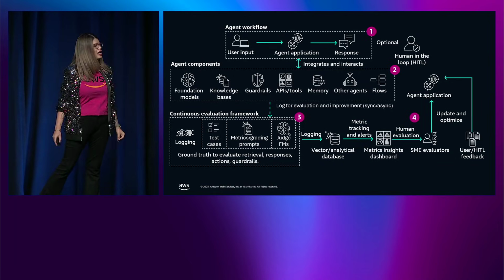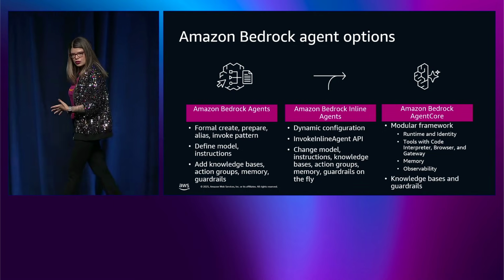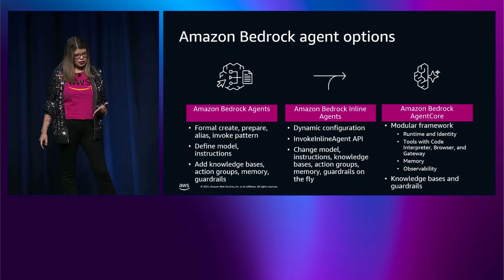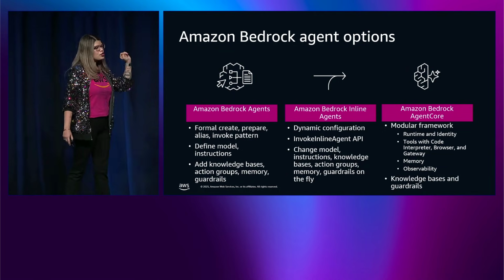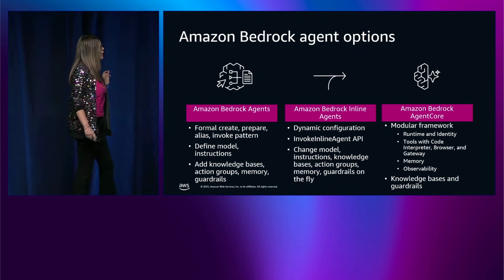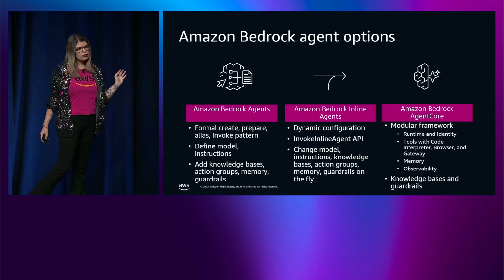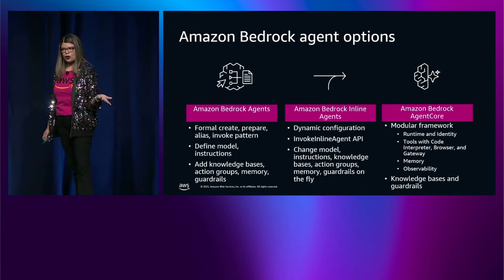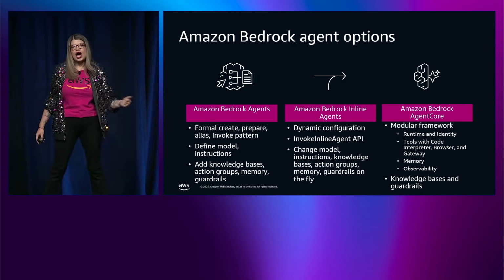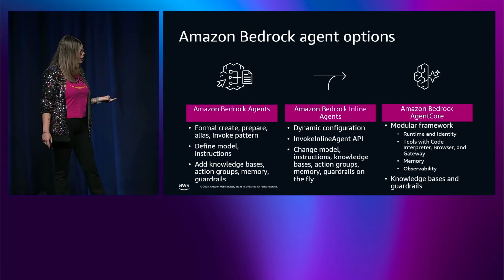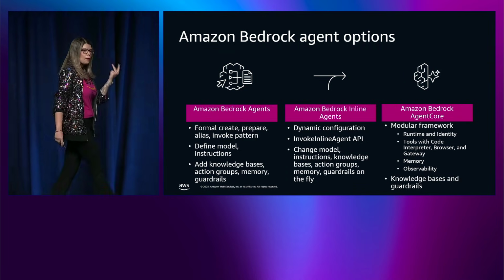So let's check how we can build these agentic systems. The first option, the Bedrock agents. Well, here you can look for a single agent or a multi-agent collaboration. We can choose the model.